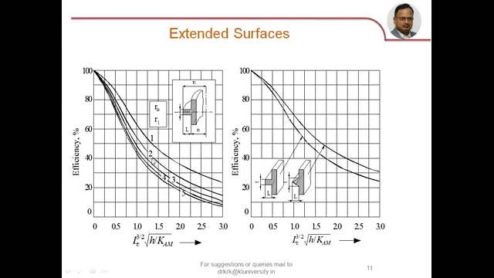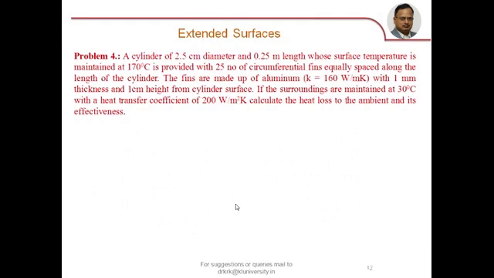Now 1, 2, 3, 4, 5 represent the curves for ratio R2 by R1. And similarly here also for different thickness, this is for rectangular cross section and this is for triangular cross section. If R2 by R1 is 1, 2, 3, 4, 5, choose different curves. This is R2 and this is R1 from the base, and R2 is the outer radius for the circumferential fin.